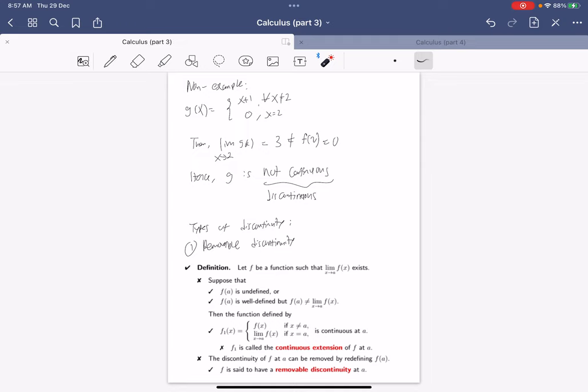This form of discontinuity is called removable discontinuity, where f(a) is defined but not equal to its limit as x approaches a. But we can redefine a new function to equal the limit, and this will be called the continuous extension of f at a.